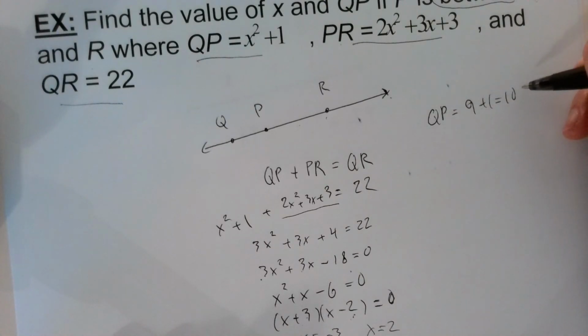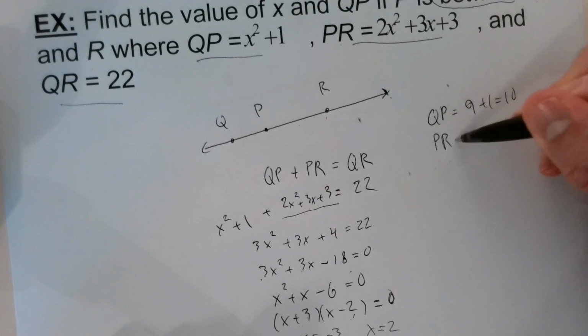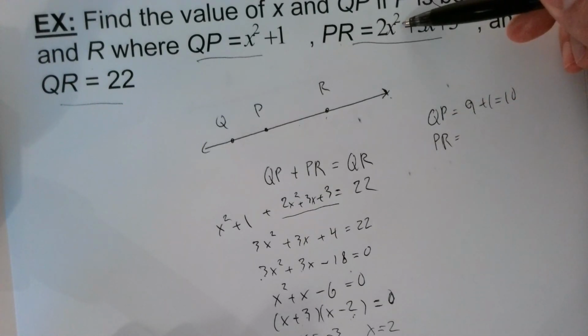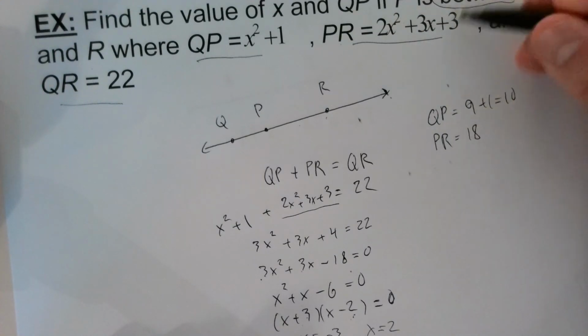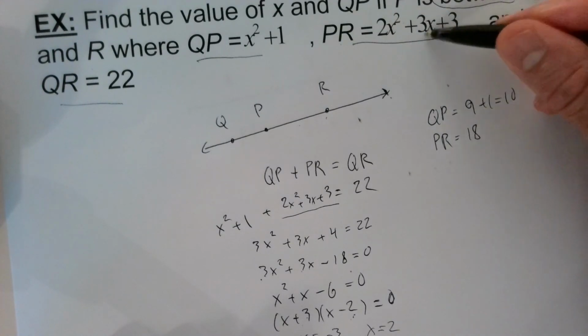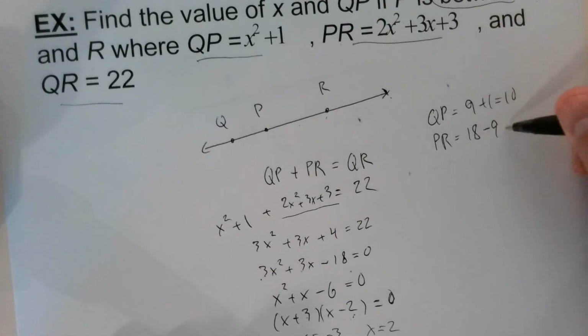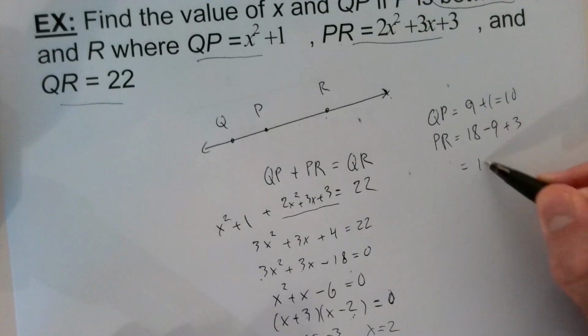So QP is 10. What about PR? We want to make sure that's also positive. Negative 3 squared is 9 times 2, so that's 18. Negative 3 times 3 is a minus 9. And so 18 minus 9 plus 3 is 12.